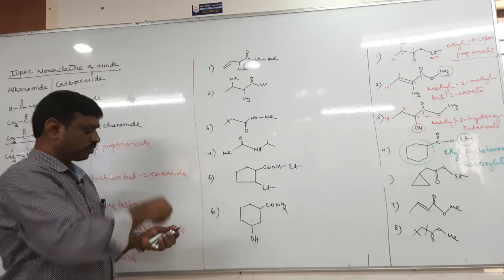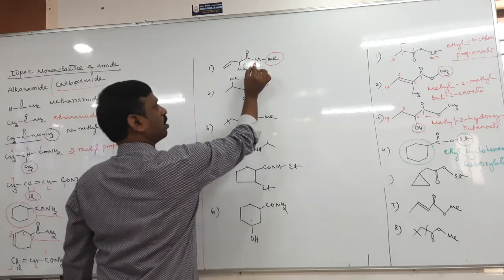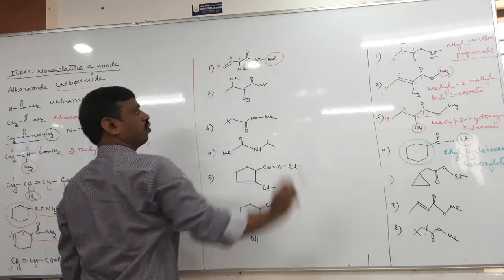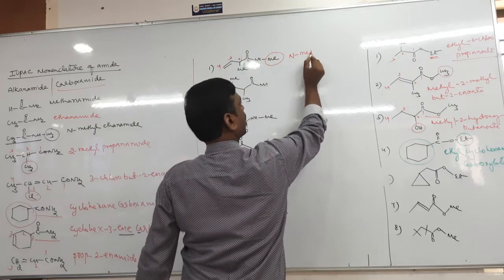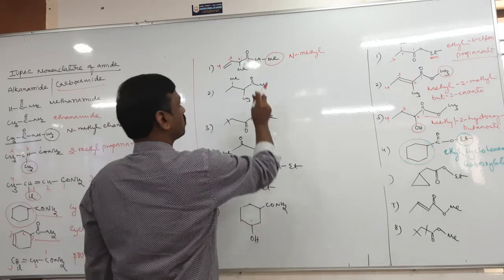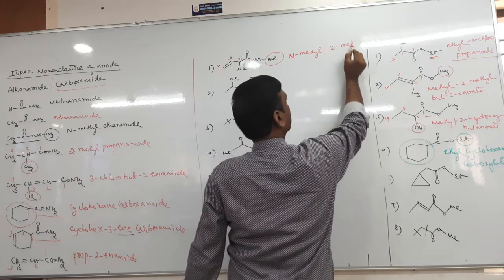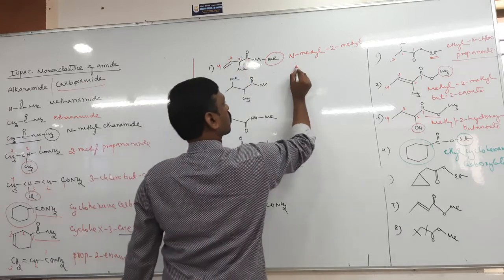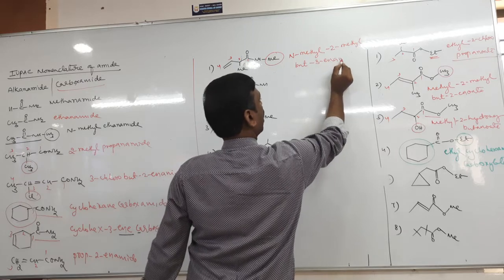Okay. Tell me. It is methyl, 1, 2, 3, 4. So what is the IUPAC name? N-methyl, 1, 2 again, 2-methyl but-3-enamide.